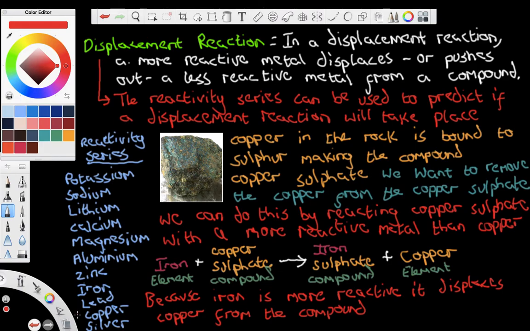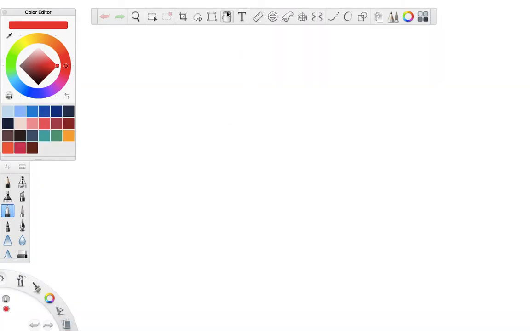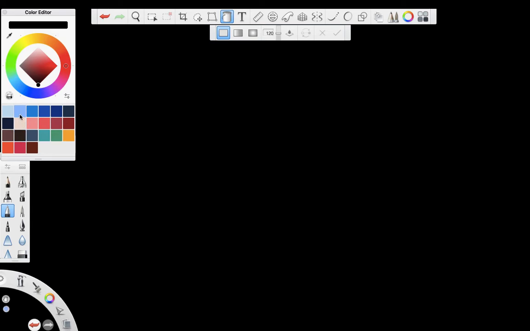So I'm going to refresh the screen. I'm going to write down the reactivity series again for you, and I'm going to ask you to finish off some reactions to say if a displacement reaction will take place.